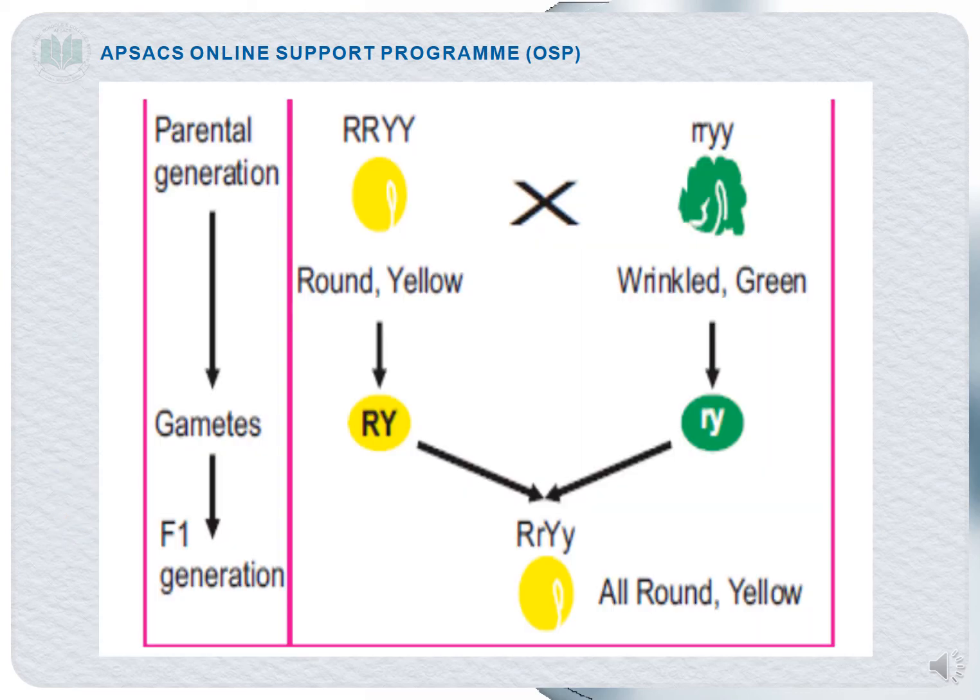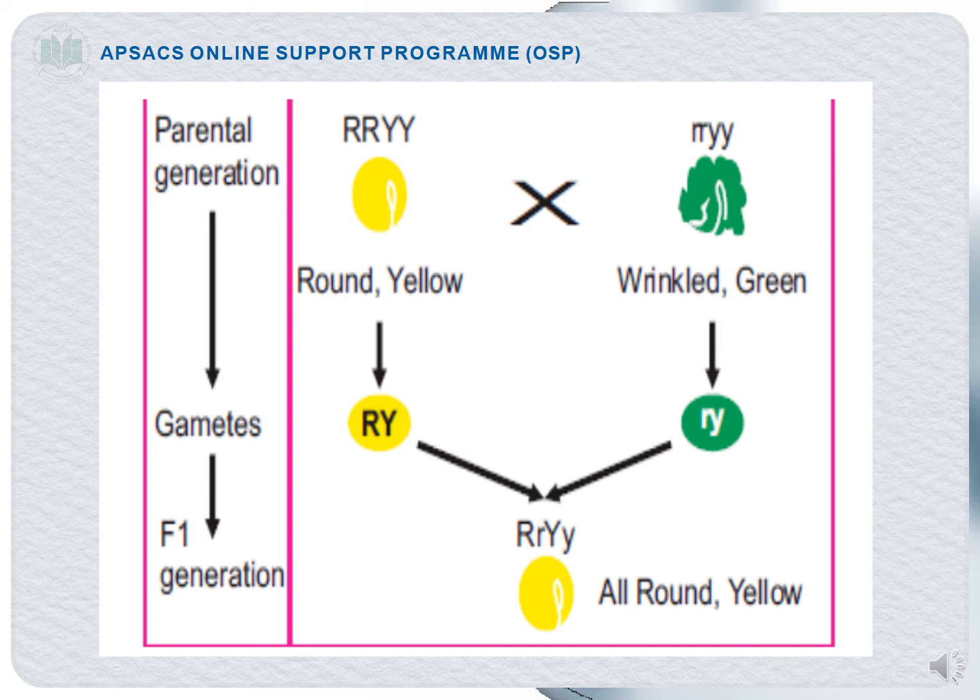So the parental generation consists of one homozygous dominant parent, which is round and yellow, and the second parent is homozygous recessive, that is wrinkle and green. After getting the gametes, the fusion of the gametes results in the F1 generation, and the F1 generation consists of all round and yellow color seeds.